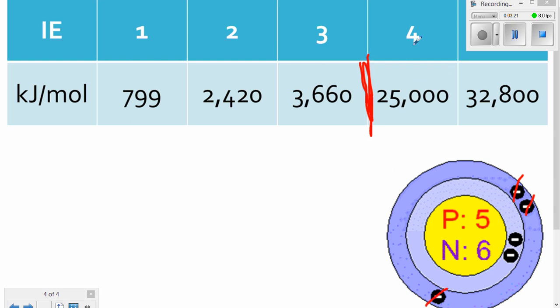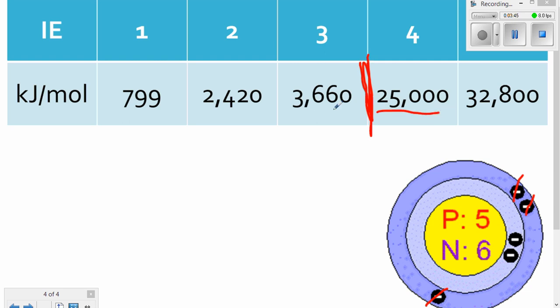Now this fourth electron, where we have this huge increase in ionization energy, is in a different shell, closer to the nucleus, so there's a much greater attraction between the nucleus and the new valence shell. So there's a much greater force of attraction between those two particles. Therefore, we have much greater ionization energy.